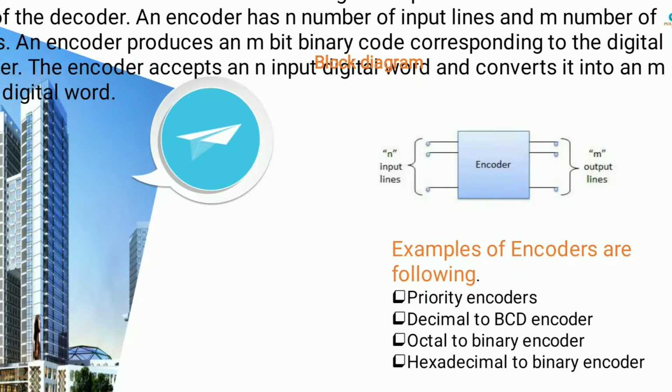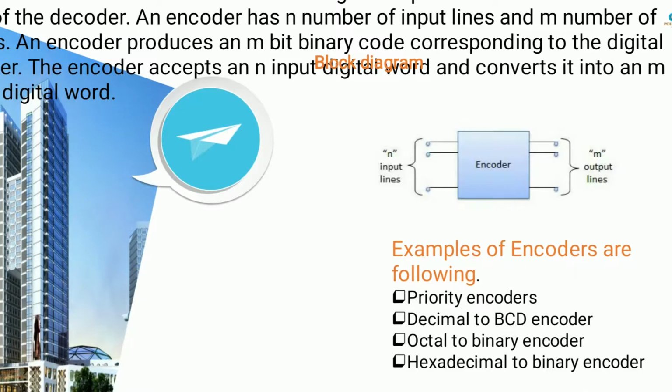So simply, why are we using encoders? For one simple purpose: converting data from one form to another form. We will see it in a detailed manner in our forthcoming classes.